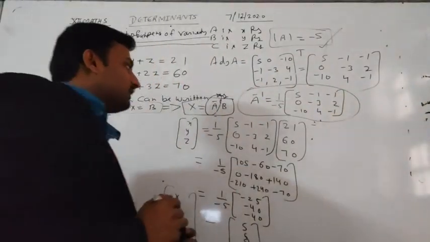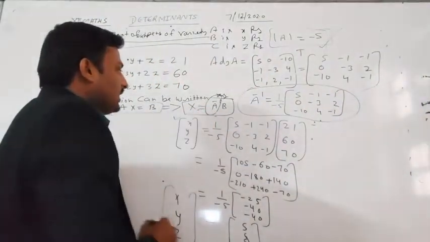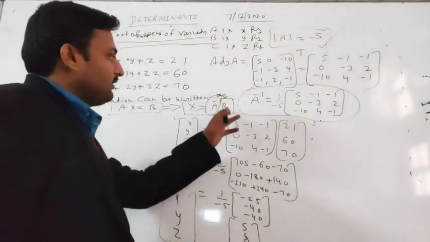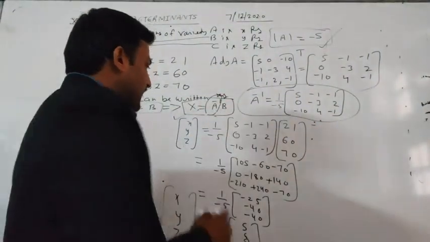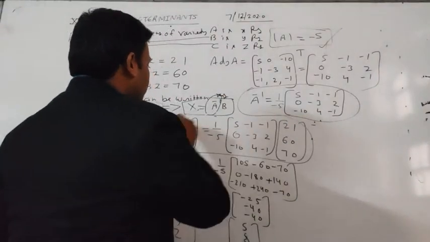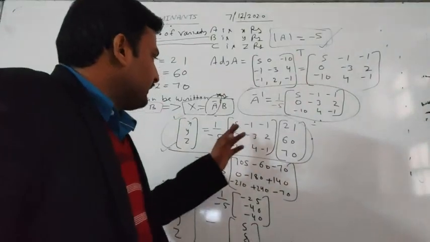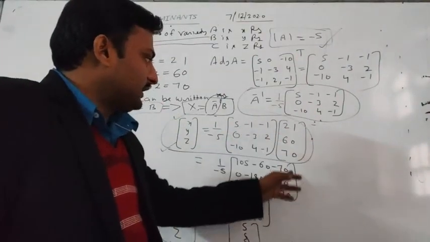After getting A inverse, we will use this equation. We will use the value of X, the value of A inverse, and put the value of B here to get this equation. Now in this equation, we will multiply this with these two.